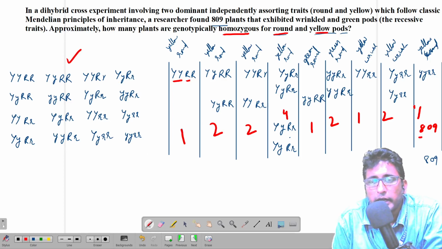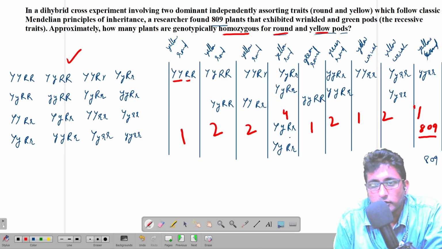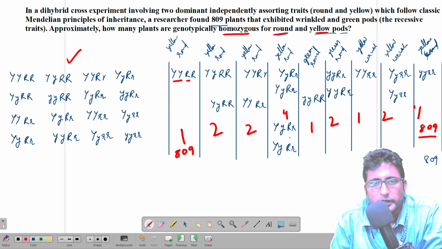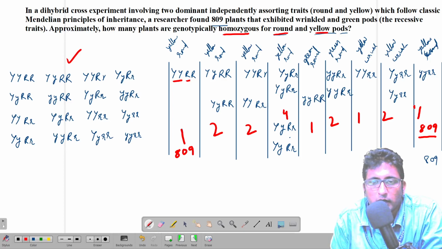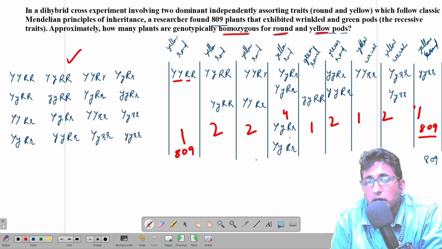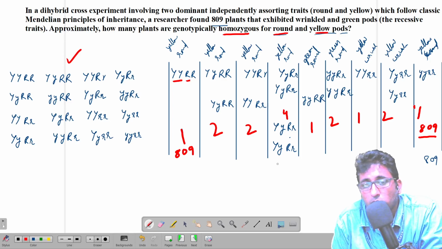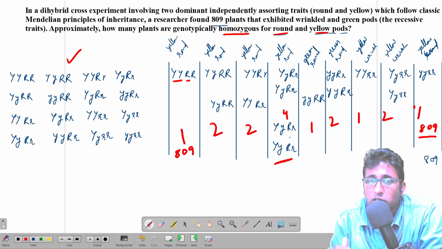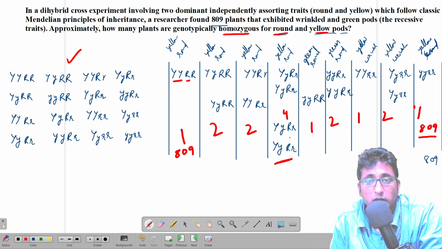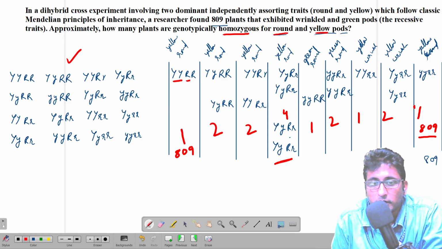If we found 809 homozygous recessive, then we would have approximately 809 homozygous dominant. This is an easy question to ask, but if somebody were to ask you how many plant seeds would you expect to be heterozygous yellow and heterozygous round, then what would you answer?